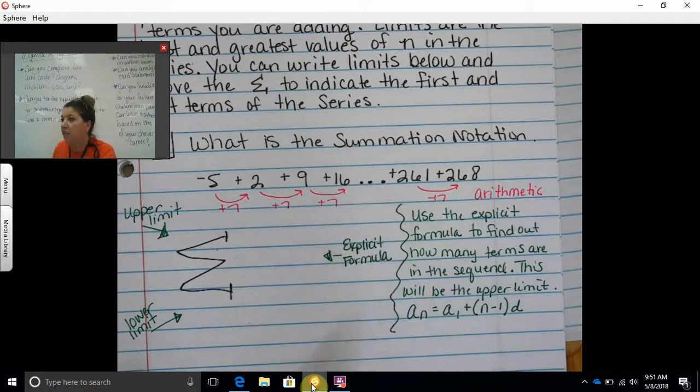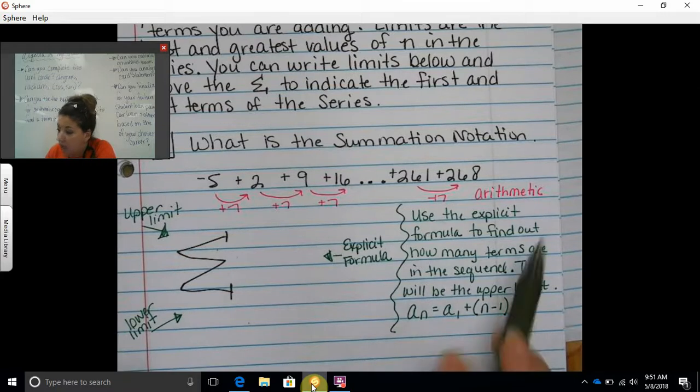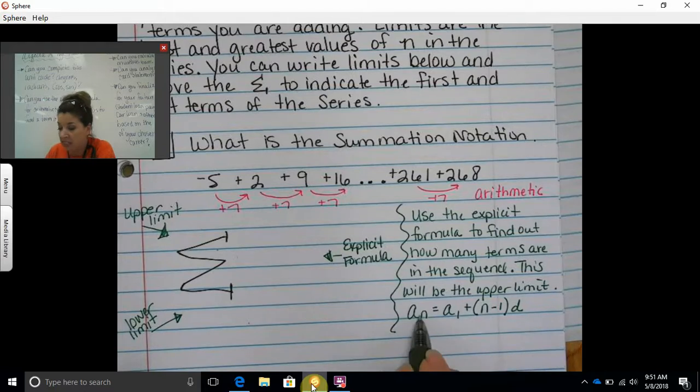Number 268 is what term in the sequence. Okay? So, I don't know what term 268 is, but I want to know what the n value is at term 268. So I'm substituting in a 268 for a sub n. And then I'll just solve for n, okay?